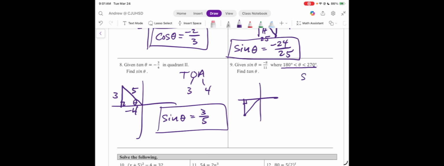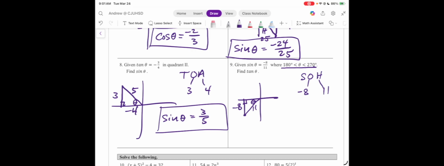So if the sine is negative 8/11, 8 and 11, then from the diagram, I'll figure out which one's negative. So here's my angle. Opposite, yes, I am going down 8. So there's the negative. And hypotenuse always considered positive.